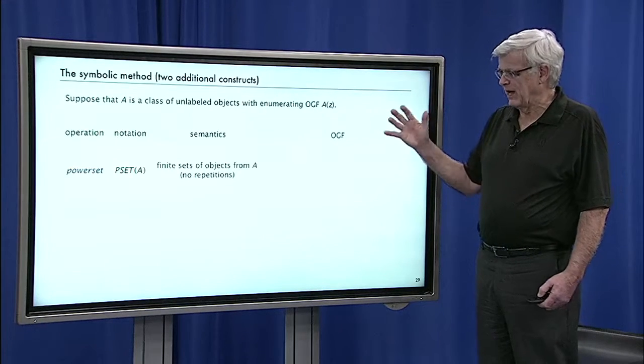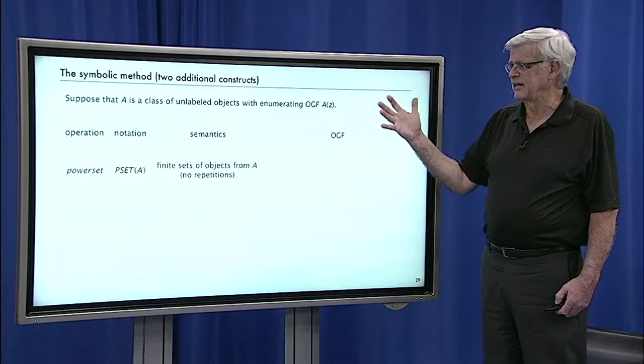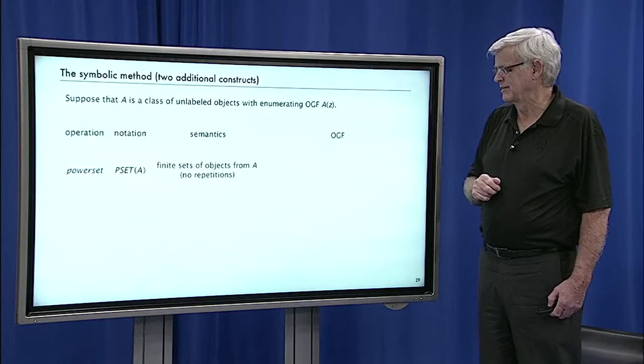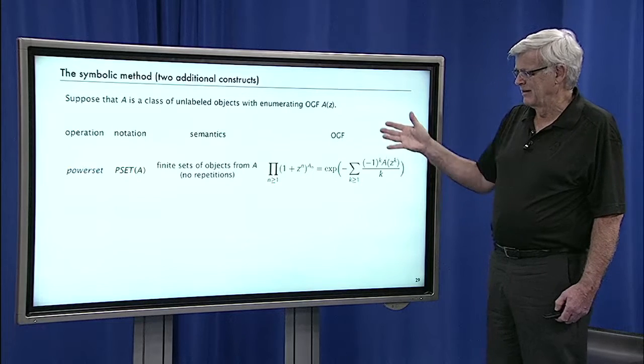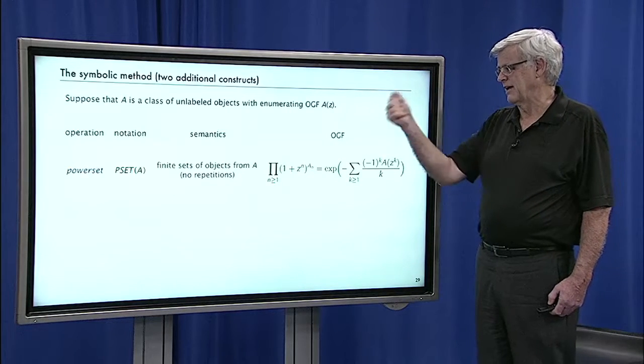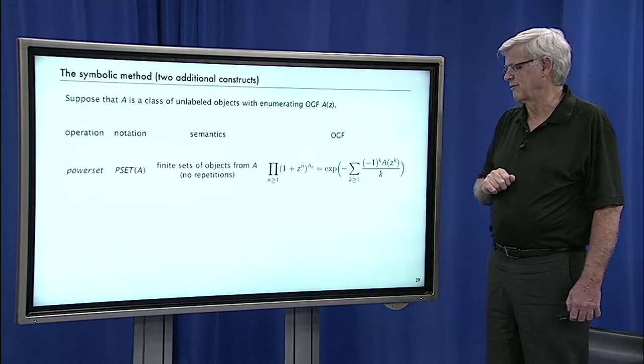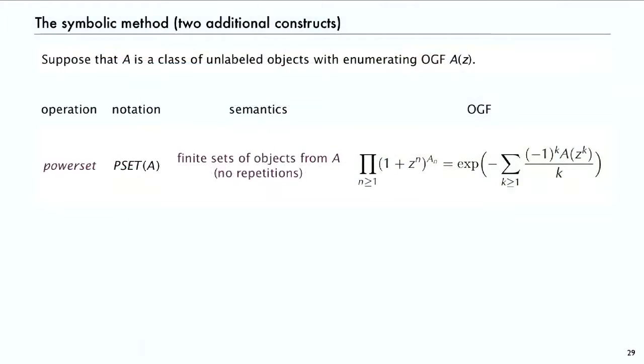We don't have to do that with atoms. We can do that with any class of unlabeled objects. If you have a class of unlabeled objects with ordinary generating function A(z), and you take the power set of that class, then the generating function of the class that's formed in that way is given by this equation. There's two different ways to represent it.